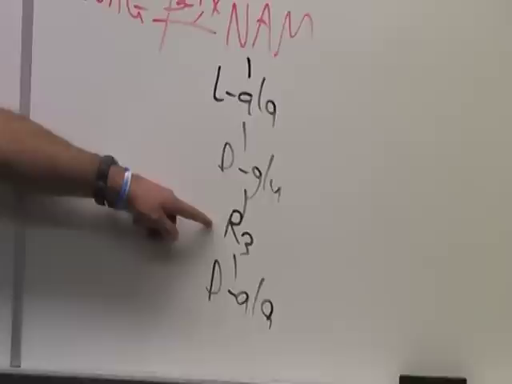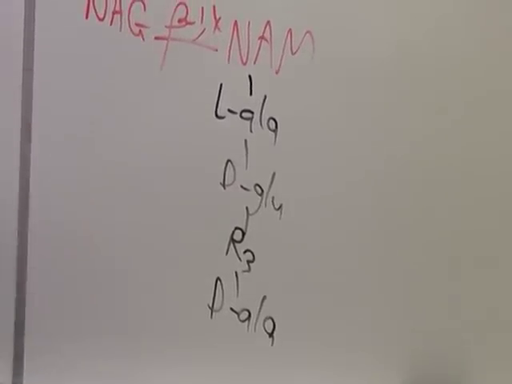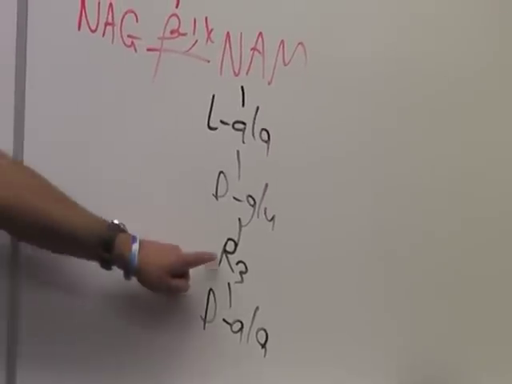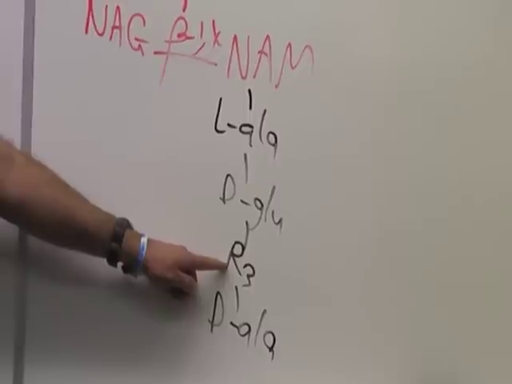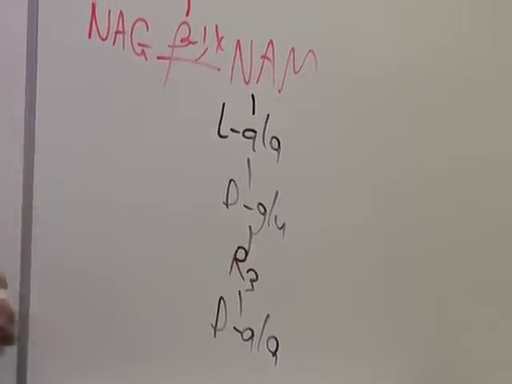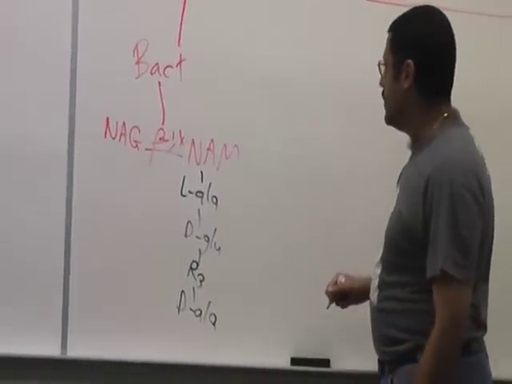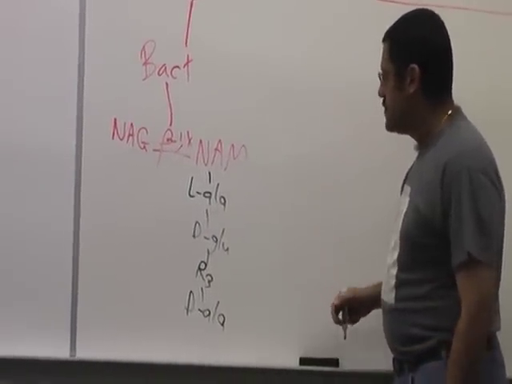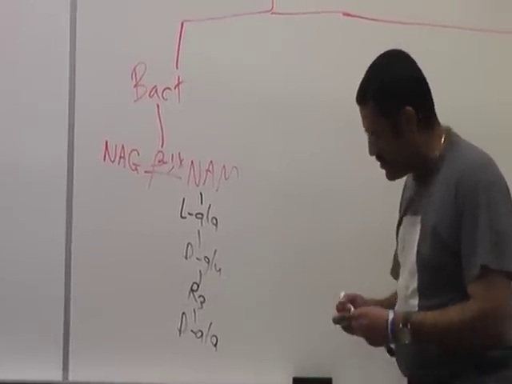I'm not going to go through all the details here. But this is the general structure of the peptidoglycan. Now this R3 is linked to what in the next chain? To the R4. So you have to remember that the cross-linkage is typically R3 to R4. So we're running out of space here, but let's say you have one going in reverse direction.